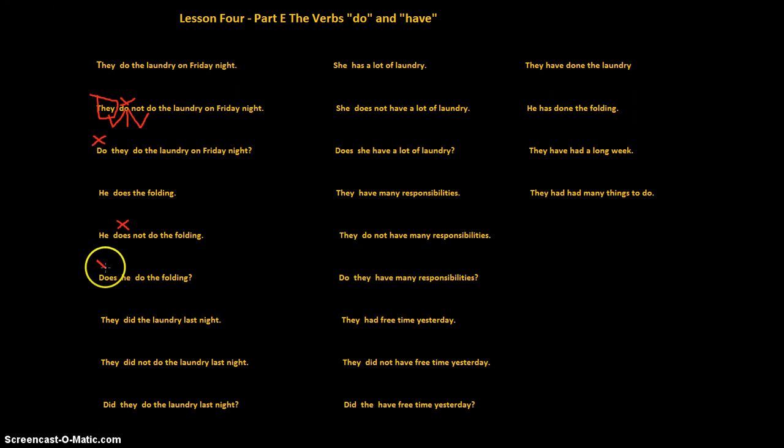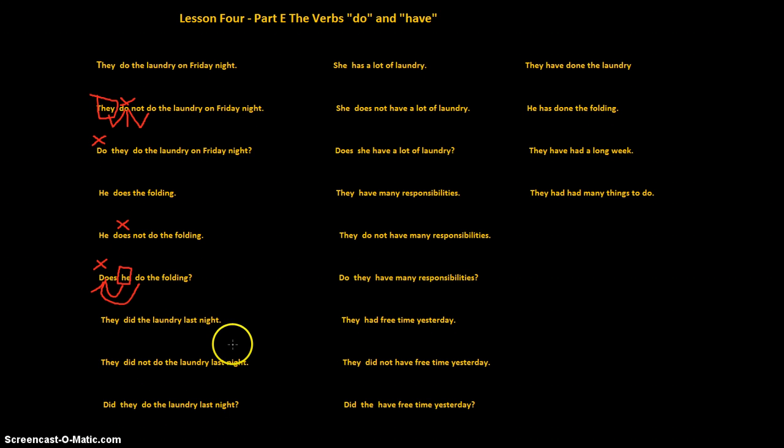Yes or no question, does he do the folding? He is the subject. Does the X word ties with he? Does the X word ties with the present? And does the X word ties with the base form do?